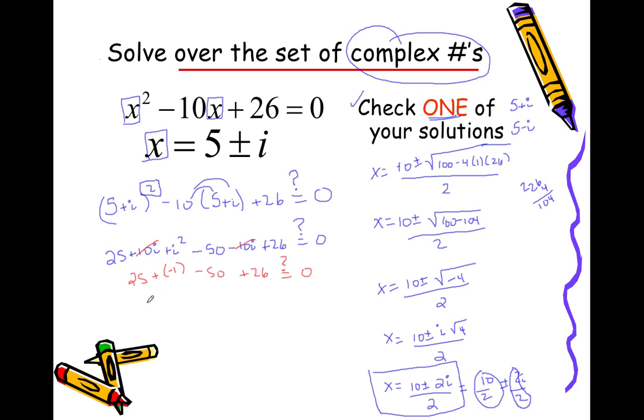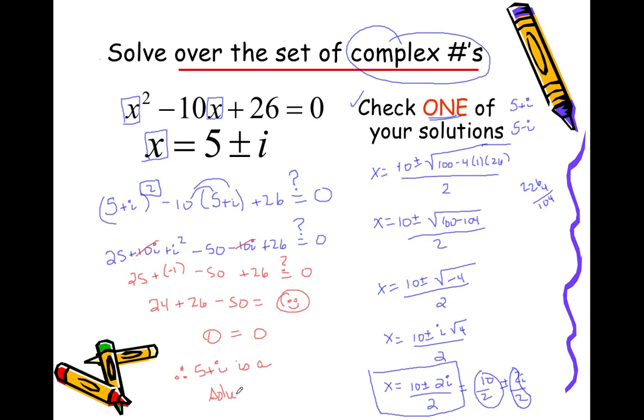So I have what? Positive 24, positive 26, negative 50. Shocker! What does that equal? Therefore, what must 5 plus i be?